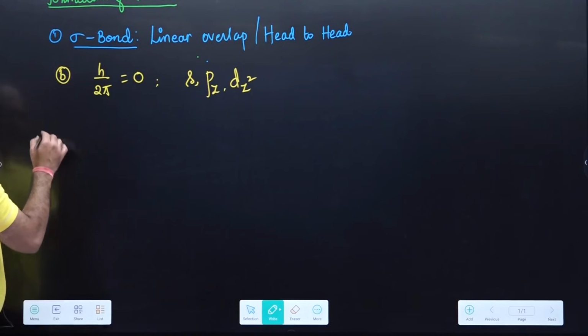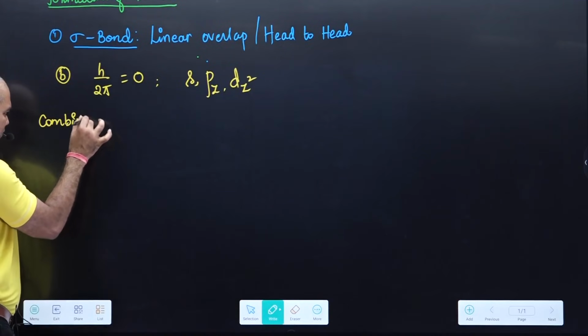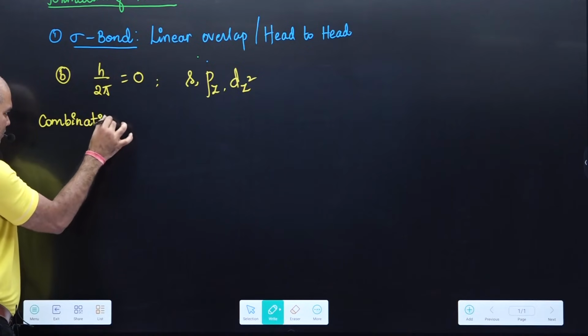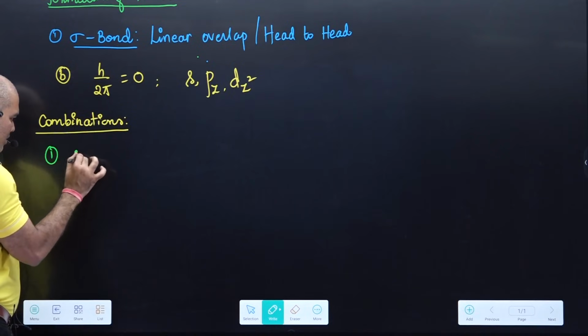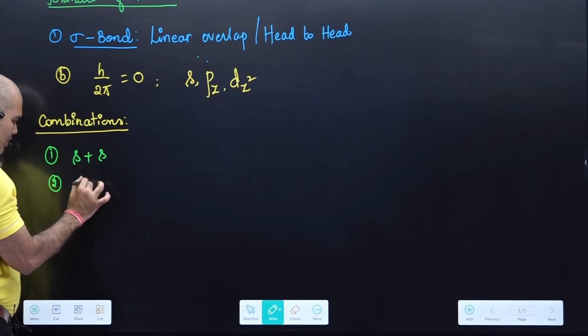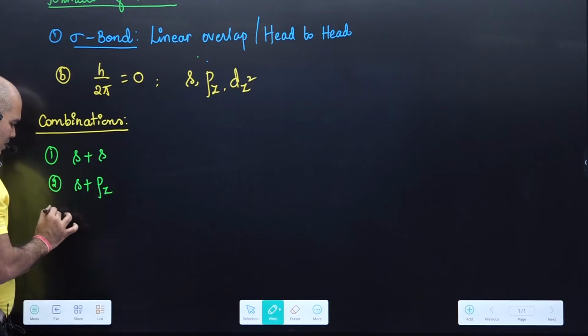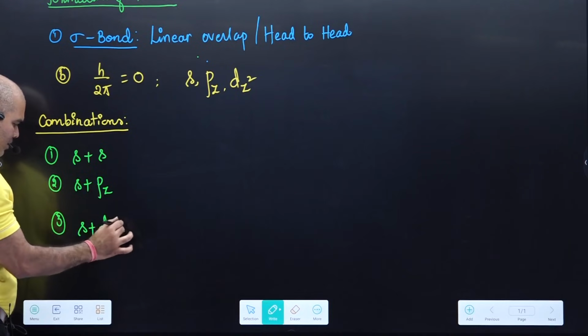What are the various combinations? Note down the combinations. First one, an s orbital can combine with s orbital to give you sigma, or s orbital can combine with pz, or s orbital can combine with dz square.